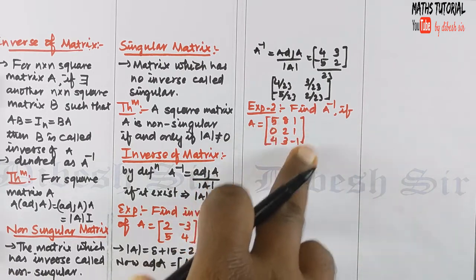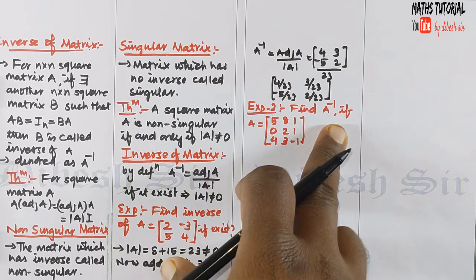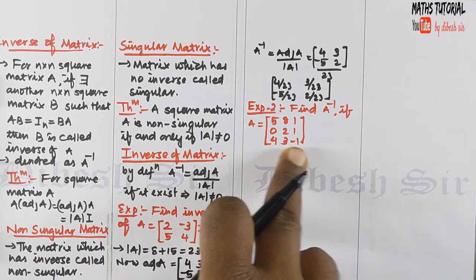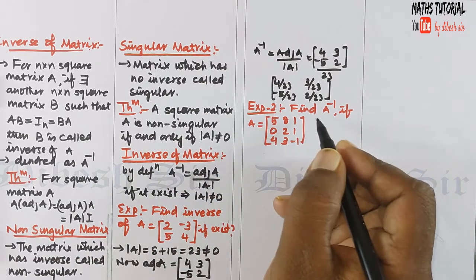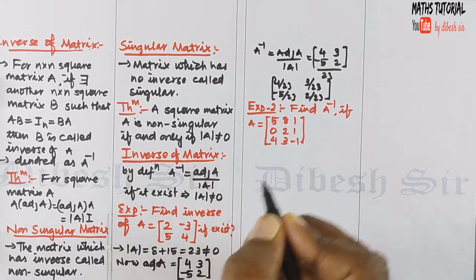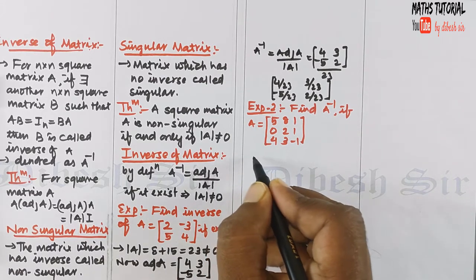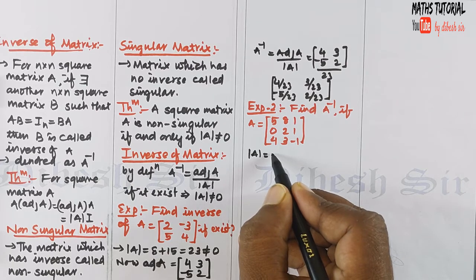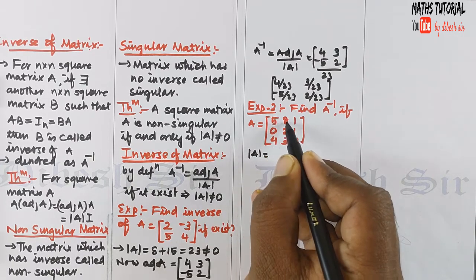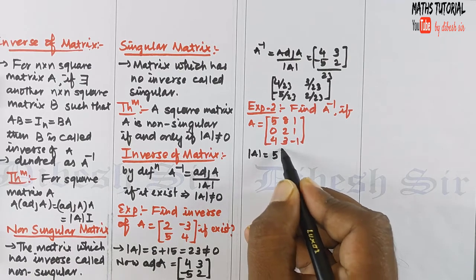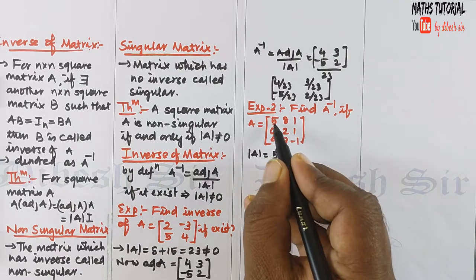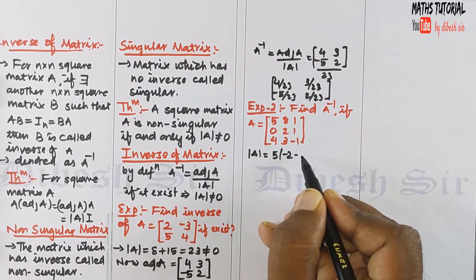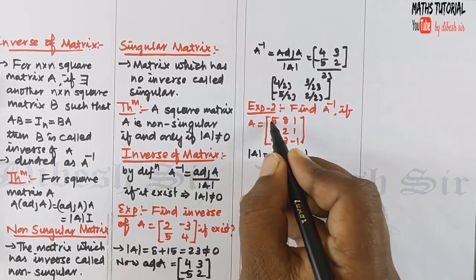Next, let's understand by 3 cross 3. Find A inverse if A is equal to [5 8 1; 0 2 1; 4 3 -1]. For finding A inverse, we have to find first mod A or determinant A. Determinant A is equal to, remember that, plus minus plus. So 5, close first row and first column, then we get 2 into minus 1 minus 2, minus 3 into 1, 3, plus minus plus.